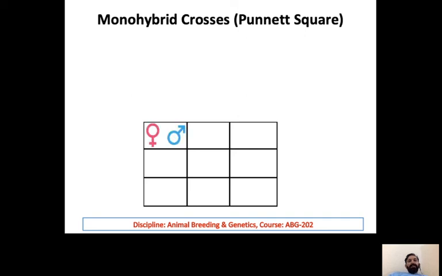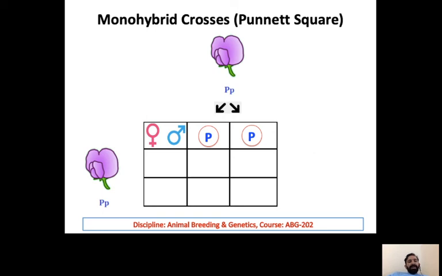Now we intercross this F1 generation, and this is basically heterozygotes, and they will produce two types of alleles, capital P and small p. Similarly, the female will produce two types of alleles, capital P and small p.